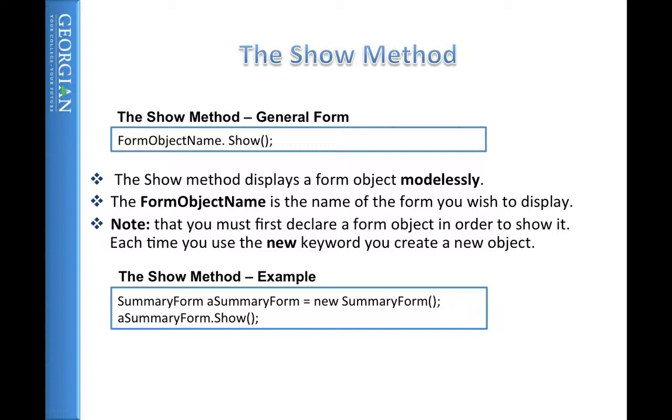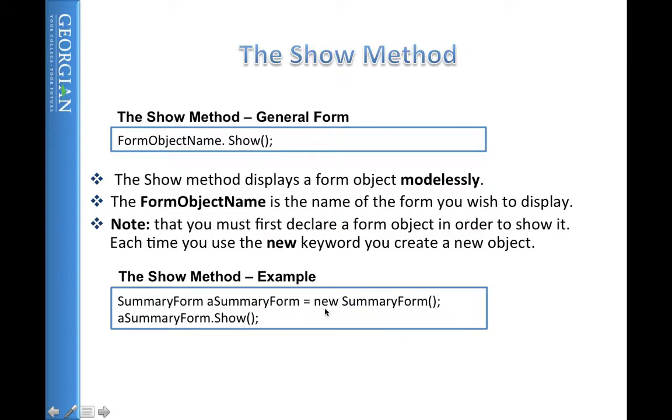So here we are. Here's the Show method general form again. Whatever your form object name is, .Show. An example of that would be, let's say you have a summary form, and we talked about this. The summary form is the actual form name that you designed here in Visual Studio, and A Summary Form here, again not a great name, is the new object you're creating as an instance of this summary form class.